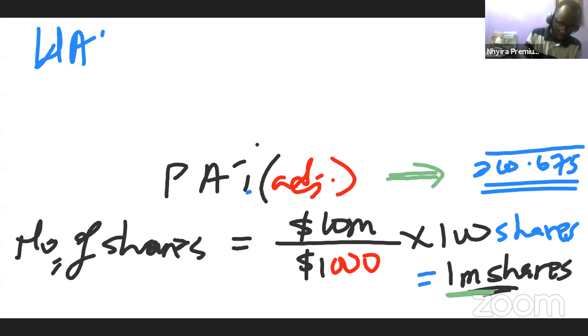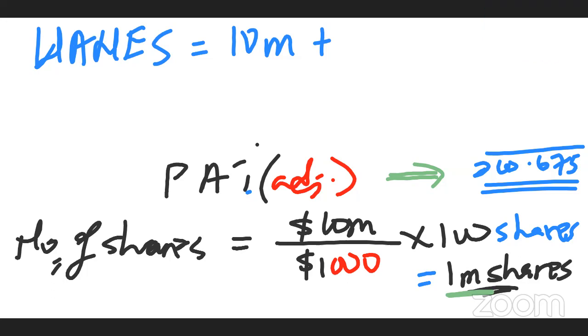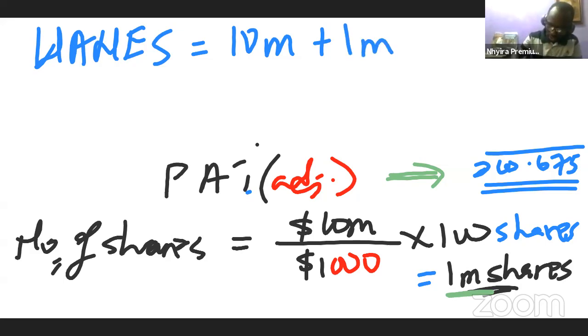So the weighted average number of equity shares will become the outstanding shares plus the 1 million on conversion.